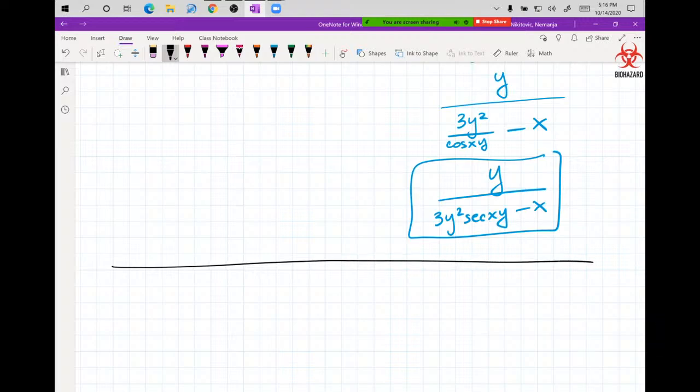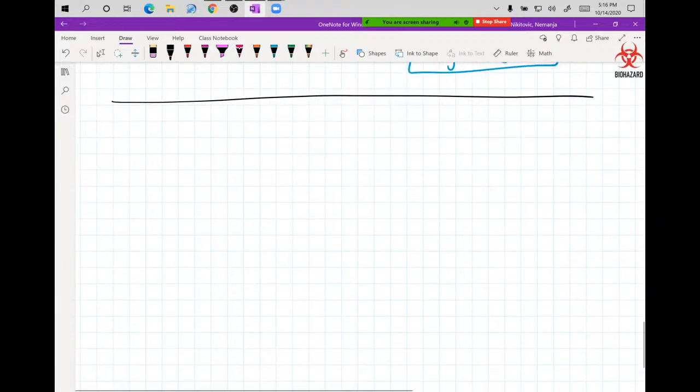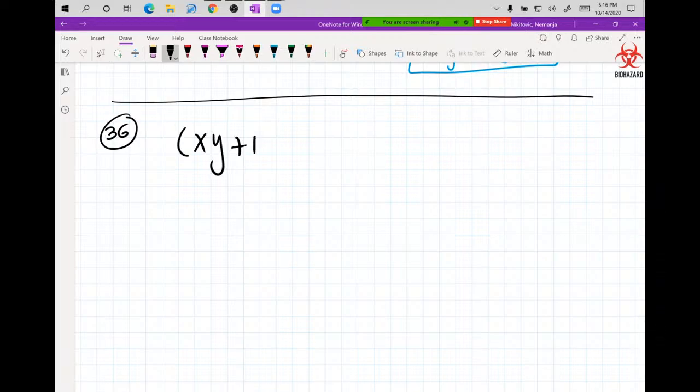Let's pick an example from the textbook for our implicit differentiation. Problem 36 looks diabolical enough. xy plus 1 raised to the third power is equal to x minus y squared plus 8.